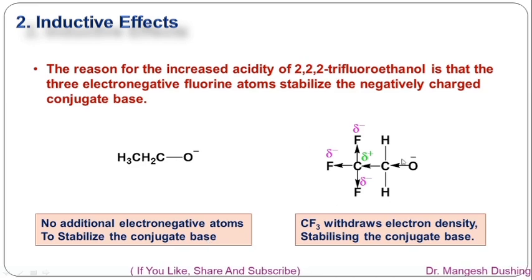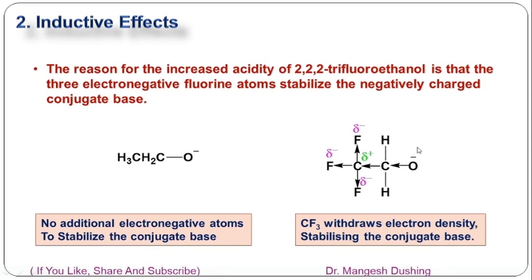While in case of here, CF3 contains 3 fluorine atoms which are the most electronegative atoms in the periodic table. So CF3 withdraws electron density and stabilizes the conjugate base, which has a negative charge on this oxygen. So this negative charge is very stable due to minus I effect of these fluorine atoms.